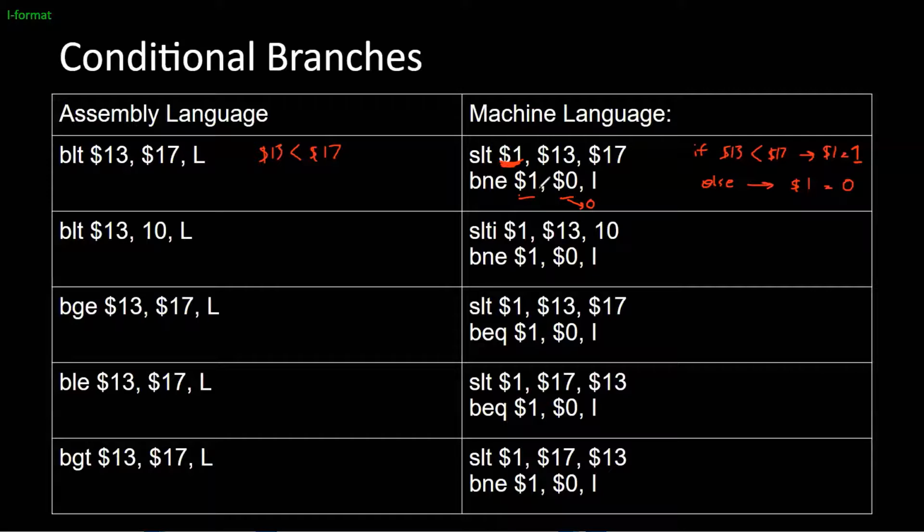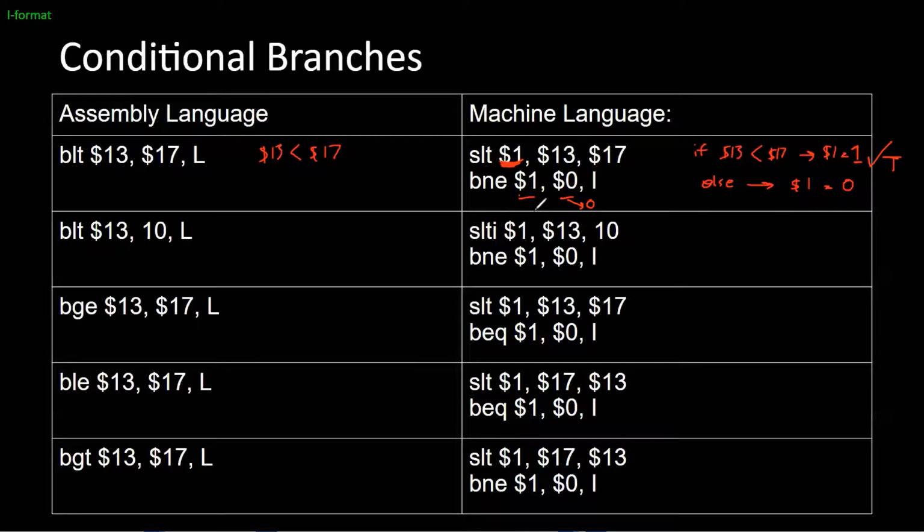If they are not equal, because this is always 0, that means this is not 0, and the only other case is 1. So then we are here. That was our true case. So here also we're going to be true if they are not equal. So we're going to jump.